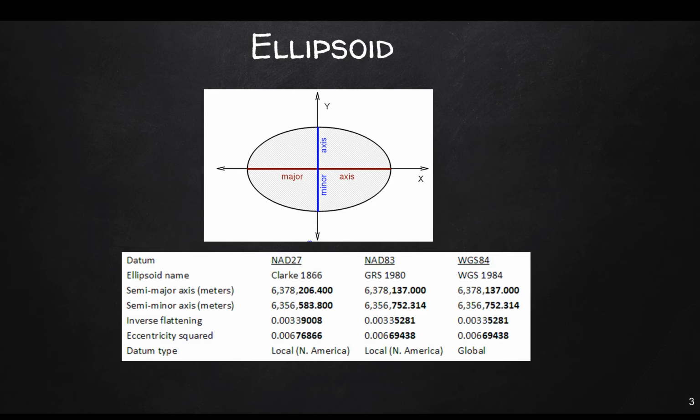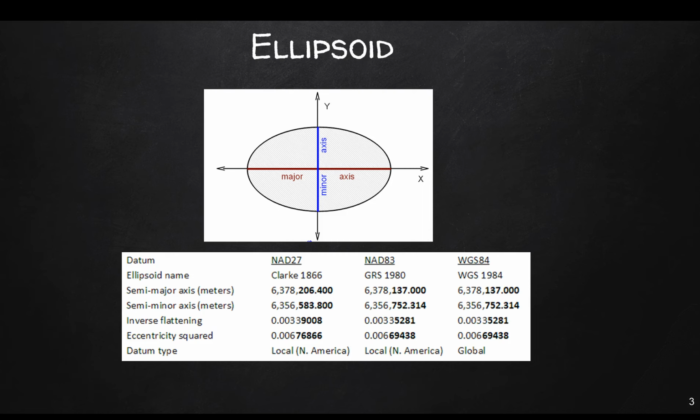In this table, there are three different datums. There is NAD 27, where NAD stands for North American Datum of 1927. Then there's NAD 83 and WGS 84, which we will discuss shortly.